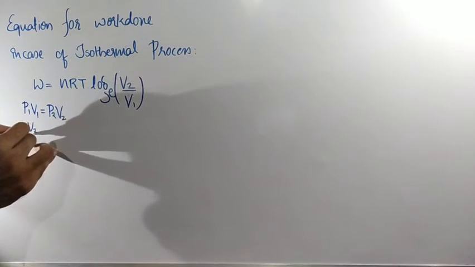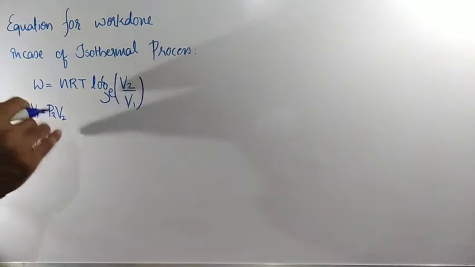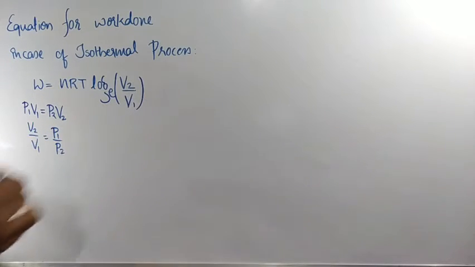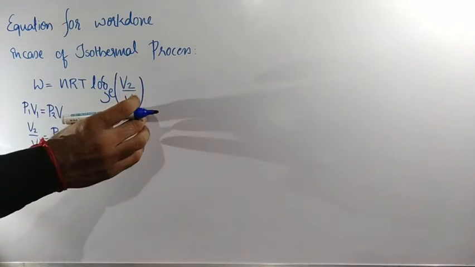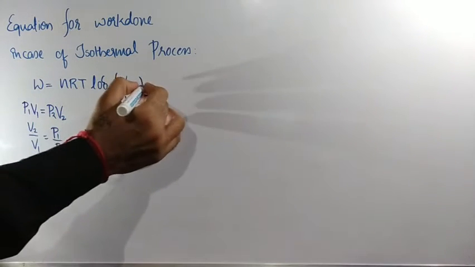V2 by V1 is equal to P1 by P2. So if I substitute P1 by P2 in place of V2 by V1, we are going to get one more equation.